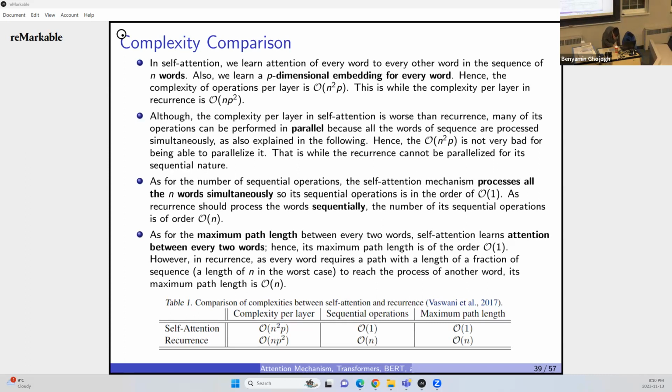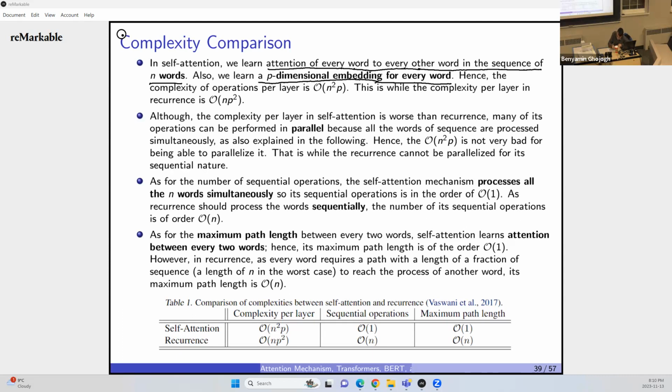So in self-attention, let's compare the complexities. In self-attention, we learn attention of every word to every other word in a sequence of n words, right? We also learn a p-dimensional embedding for every word, right?